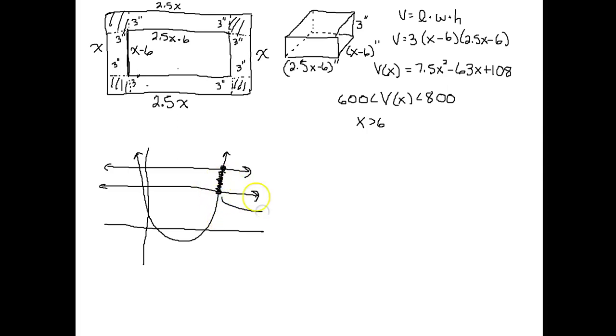So when we identified that point, we got 13.3, and that's at the 600 for y. And when we did that point, we got 14.7, and that's for the 800 for y. That's in inches. So when x is between 13.3 inches and 14.7 inches, the volume is between 600 cubic inches and 800 cubic inches.